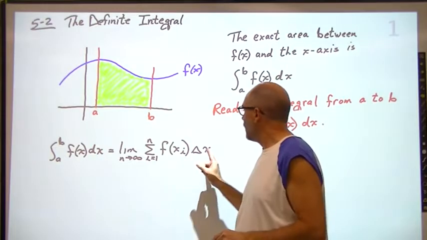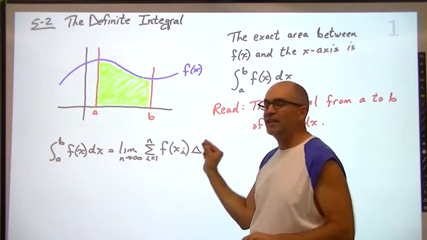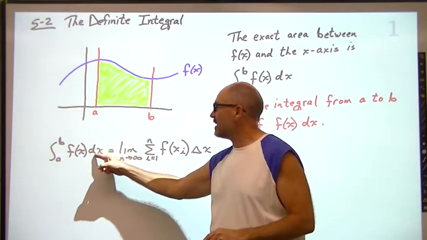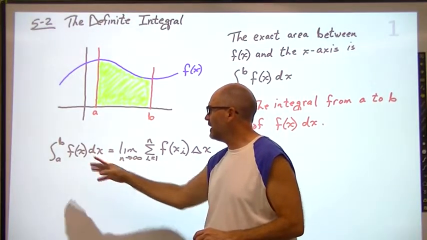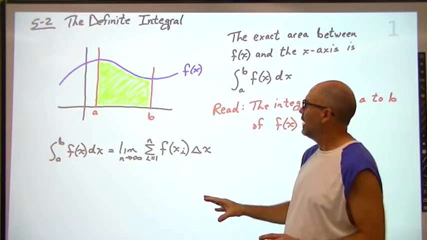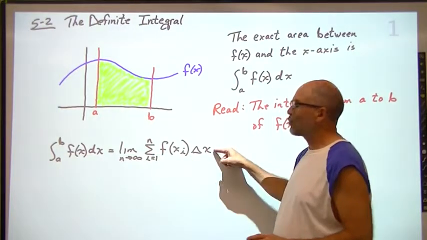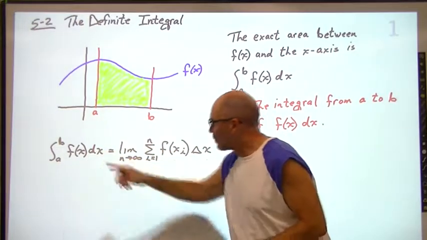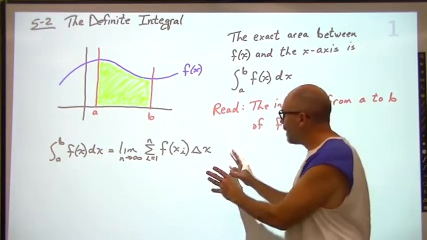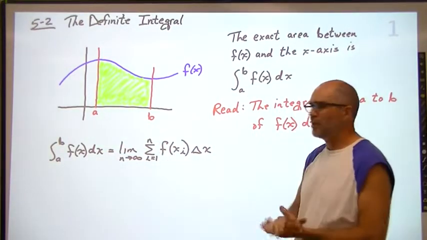So now we've made the delta x thickness of each rectangle dx, infinitesimally small. So this is our notation. These are called Riemann sums, and the integral is the sum of all these rectangles.